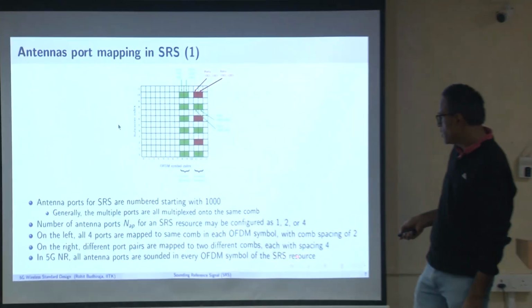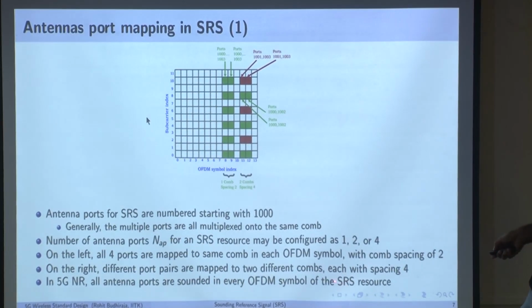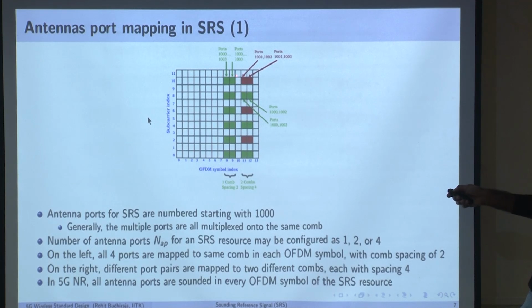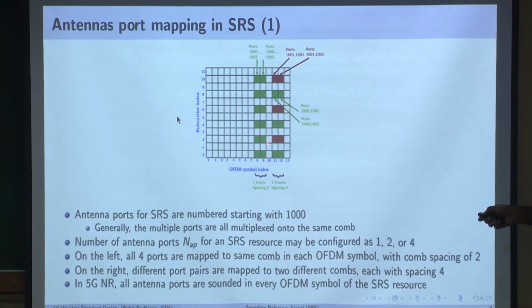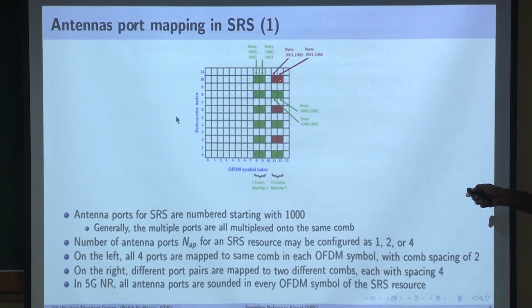I'll stop here. So what are we saying? In 5G NR, all antenna ports are sounded in every OFDM symbol of the SRS resource. You see in each symbol, we are actually sounding out all 4 ports. Though we are defining over 2 symbols, here 2 ports are defined, here 2 ports are defined.